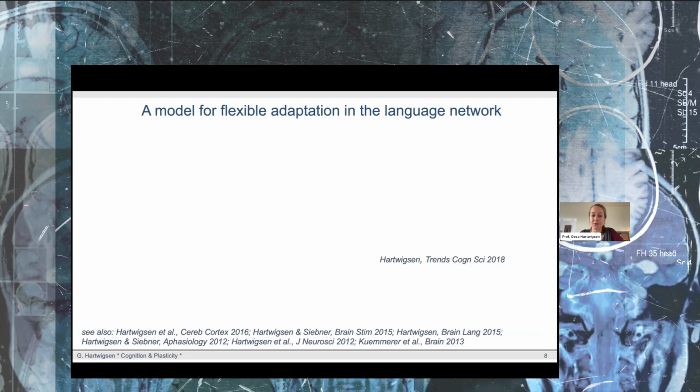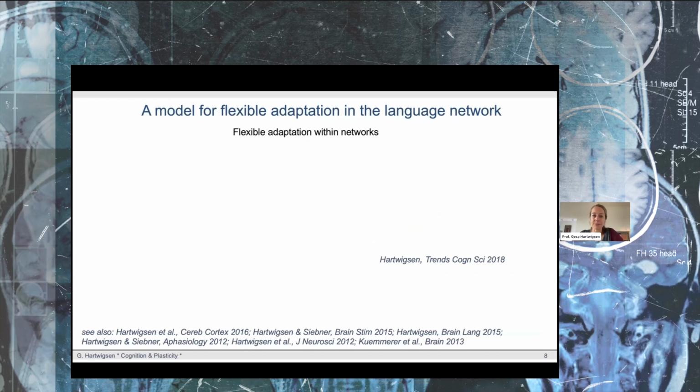And I have summarized these and other TMS fMRI findings in a model that should explain, or might explain, how flexible adaptation in the language network may work. And this model has two key assumptions, namely that adaptation can either take place within the specialized language network, or it can also engage networks beyond the language network.